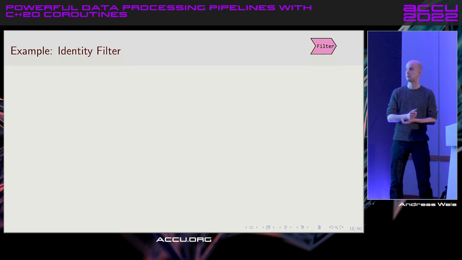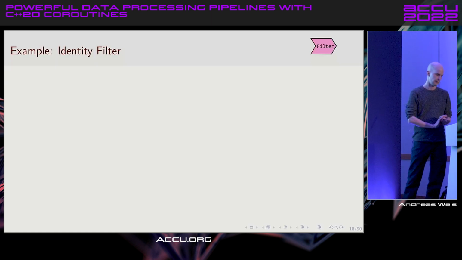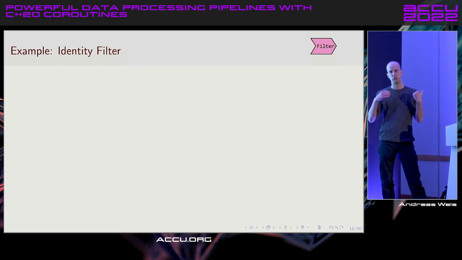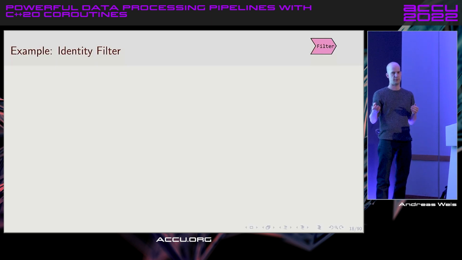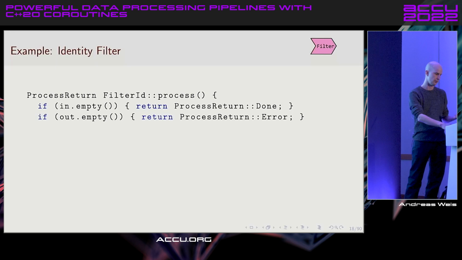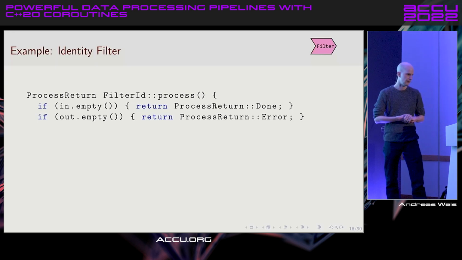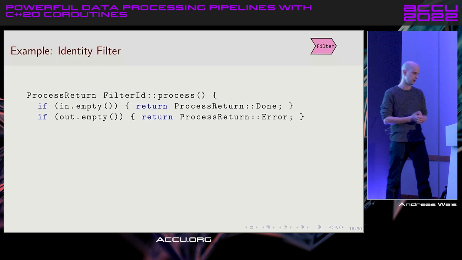So the simplest filter that I could think of is just the identity filter. The identity filter does not do nothing because my input buffer and my output buffer could be of different size. So it's like a buffer resizing operation through a copy, but it's still rather straightforward what happens. So again, I have to check that I actually have any input available, otherwise there's nothing to do.